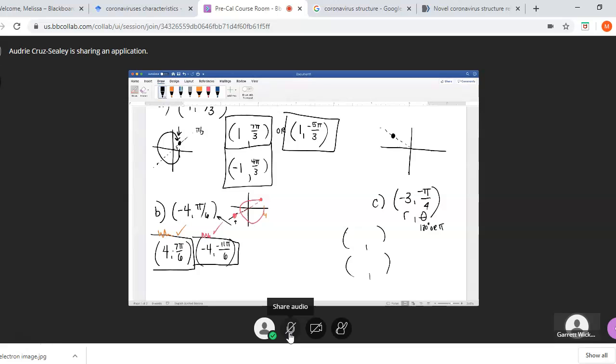Three and 3 pi fourths. Yeah, that's one. Negative 3 and 7 pi fourths. That's 2. I would accept both of these answers.